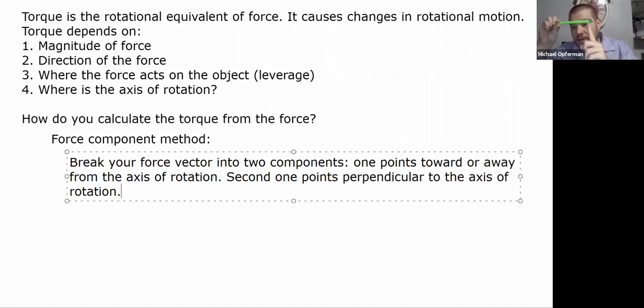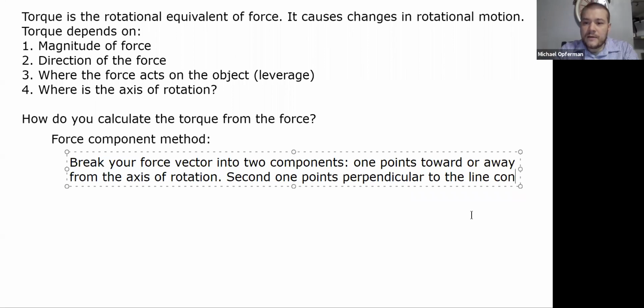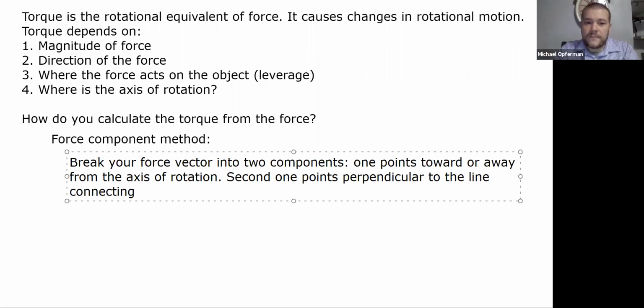If I exert a force like this, it's perpendicular to the, if you drew a line connecting the axis of rotation to where the force is acting, the force is perpendicular to that line. I should probably be more clear than saying perpendicular to the axis of rotation. It's really perpendicular to the line connecting the axis of rotation to where the force acts on the object.